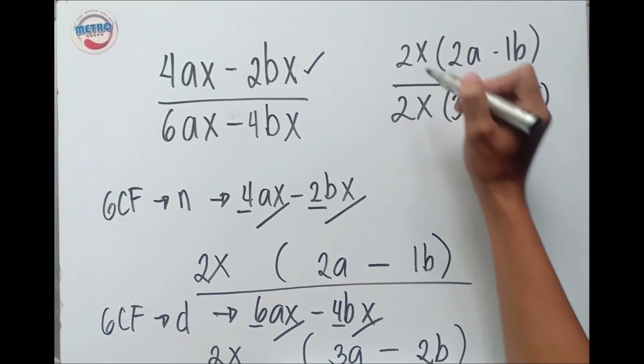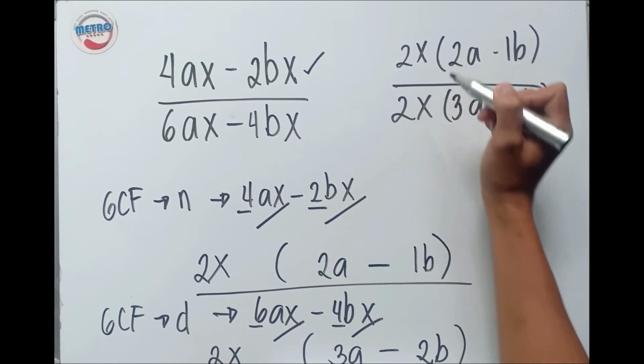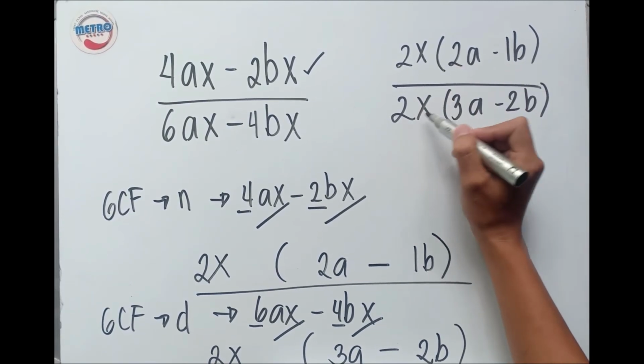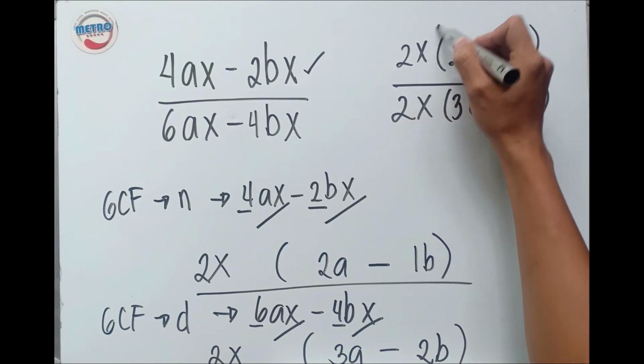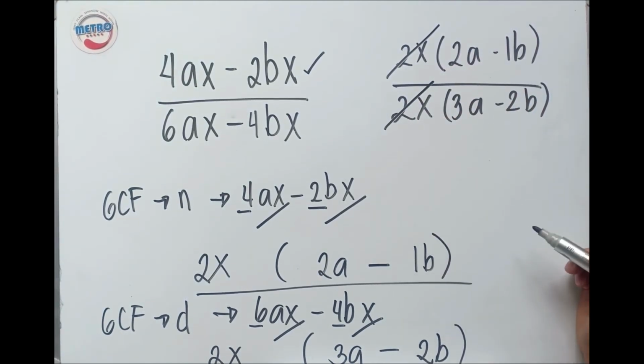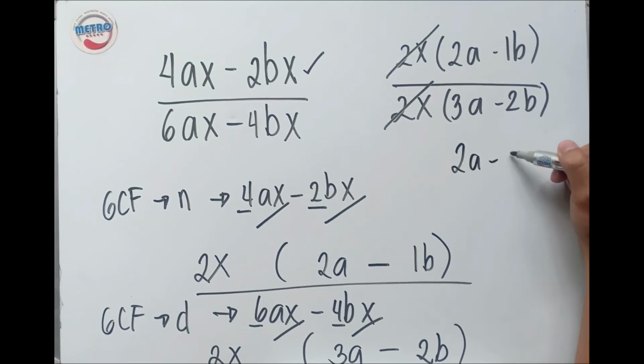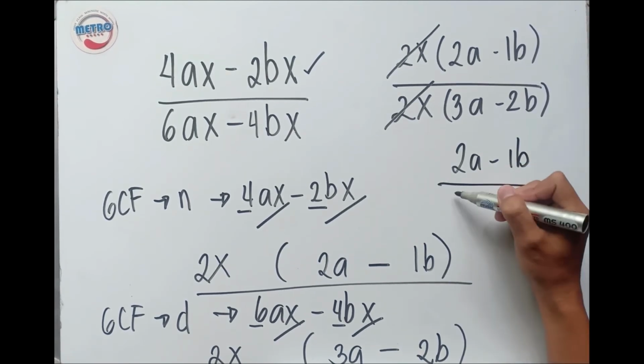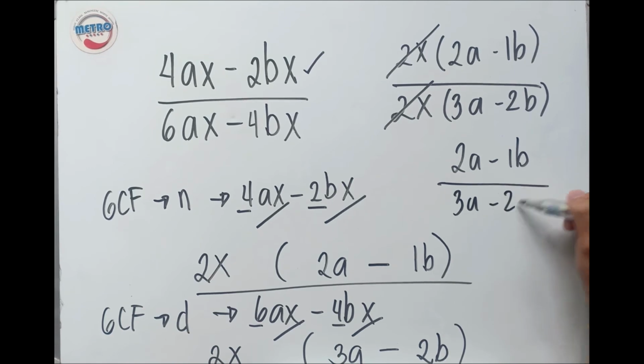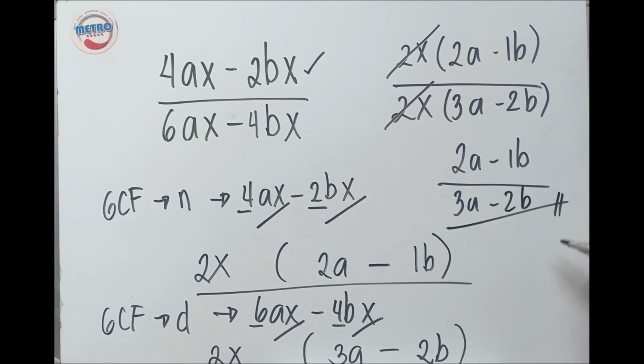If you notice, 2x is the same as this 2x. Then, we can cancel this. Now, we have 2a minus 1b over 3a minus 2b. This will be the simplified form of the given. This will be our answer.